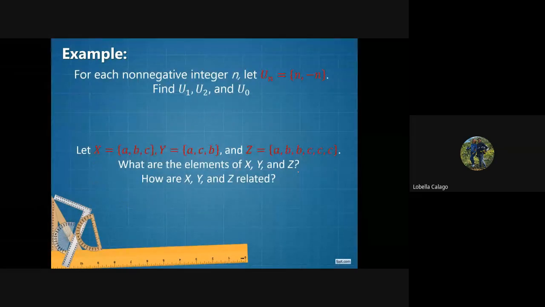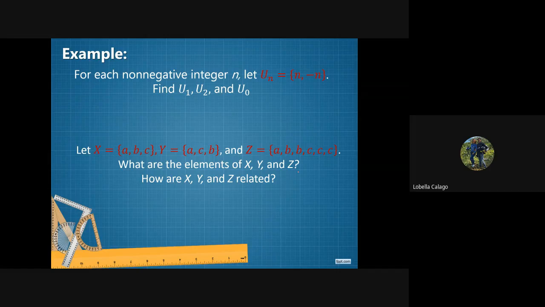Okay. So, next. For each non-negative integer n, let un be equal to the set whose elements are n and negative n.